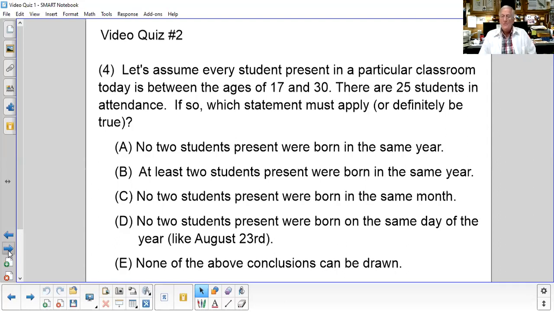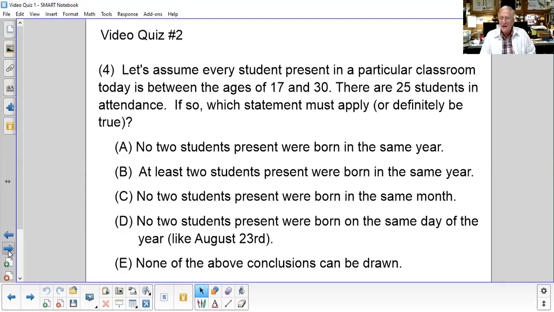A, no students present were born in the same year. B, at least 2 students present were born in the same year. C, no 2 students present were born in the same month. D, no students present were born on the same day of the year, like August 23rd.